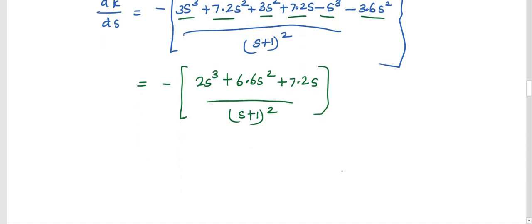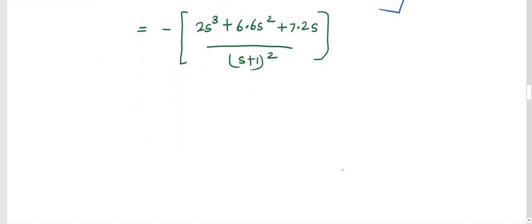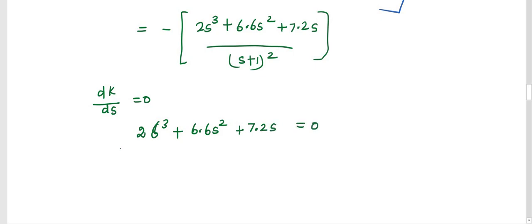And next, what is the condition? To find the breakaway point, put dk by ds equal to 0. So the numerator is multiplied with (s plus 1) the whole square, that is 0. So 2s cube plus 6.6 s square plus 7.2s equal to 0.